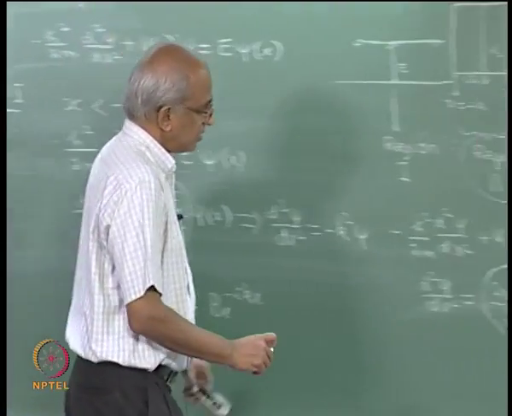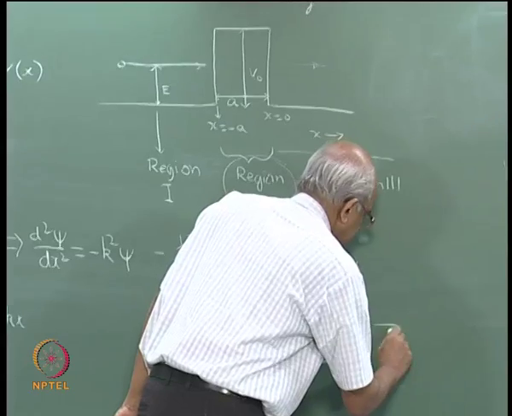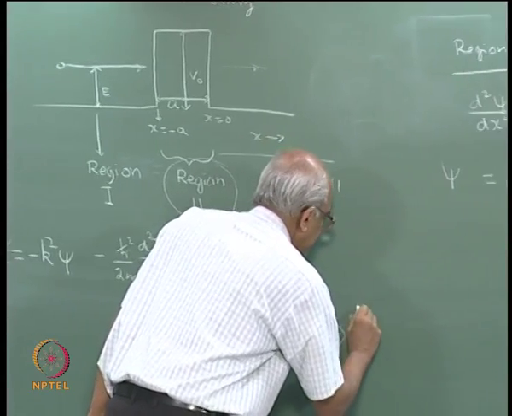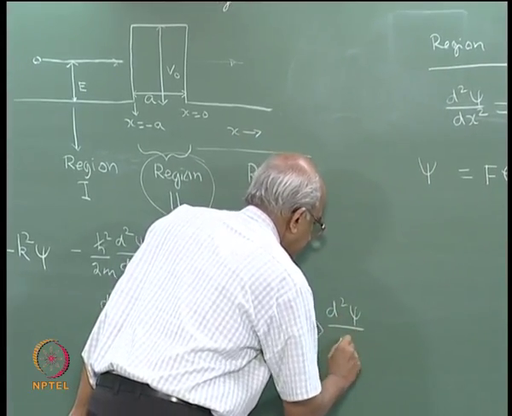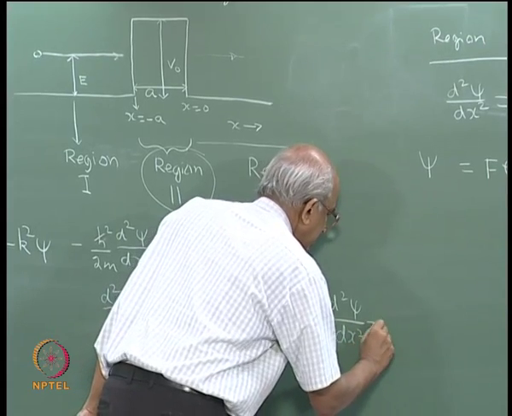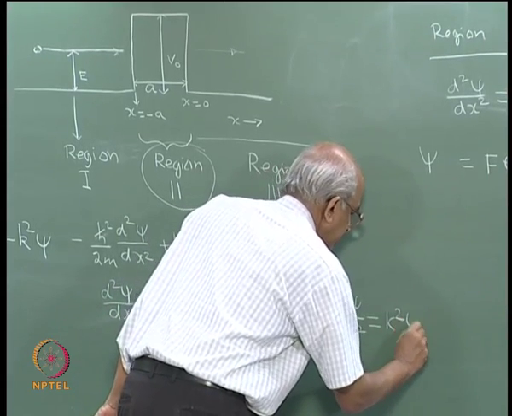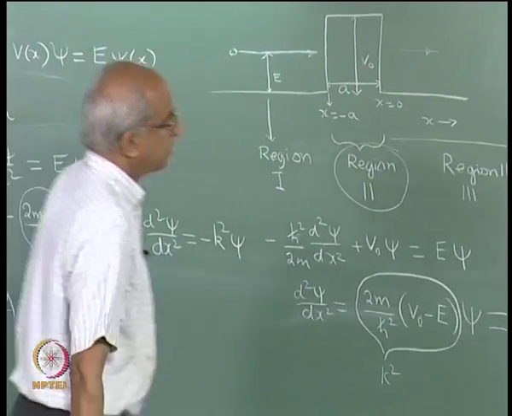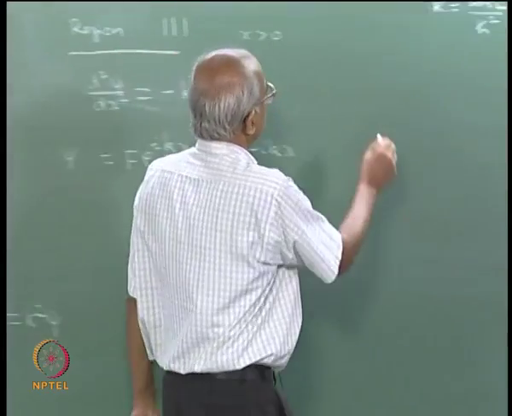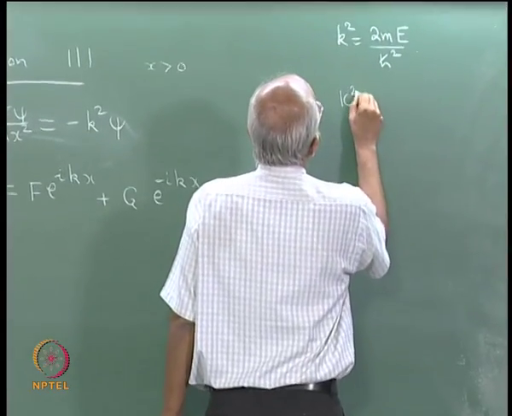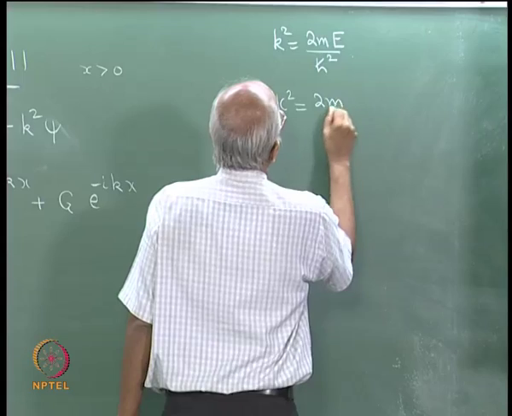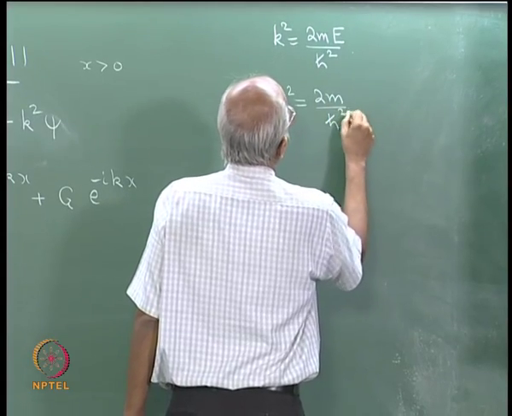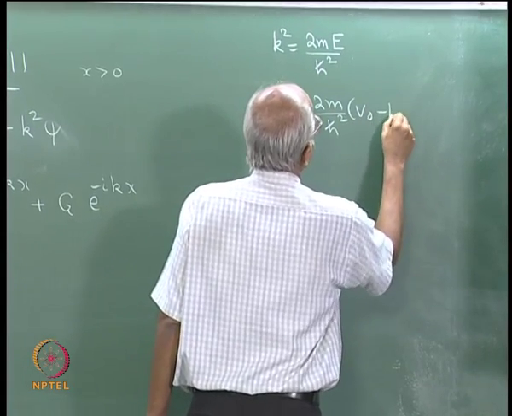And therefore this differential equation becomes d square psi by dx square is equal to kappa square psi, where kappa square is defined by 2m by h cross square into v0 minus E.